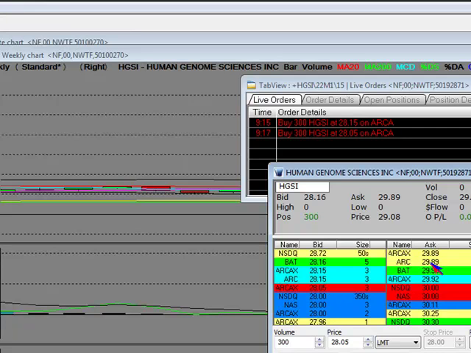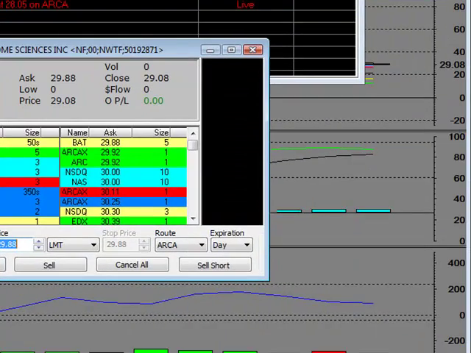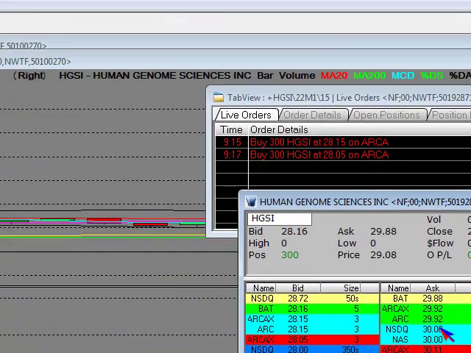Okay, so remember, on this side, I got to sell the 300 that I'm long, that I bought at 29.01 on the opening bell, selling the gap. Remember, intraday is about how human genome was working yesterday in our pricing system.